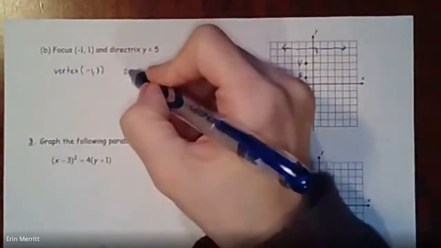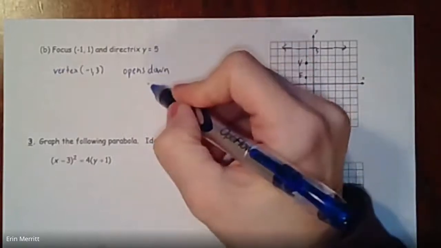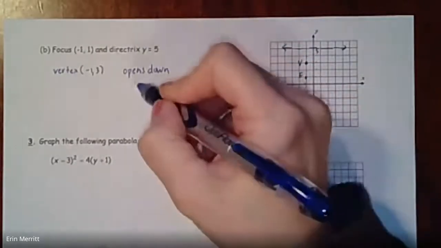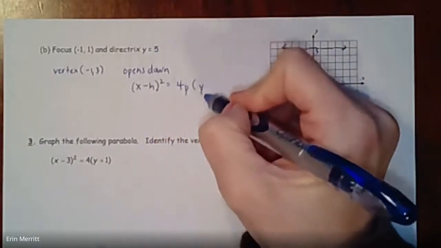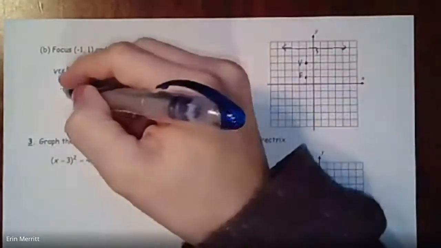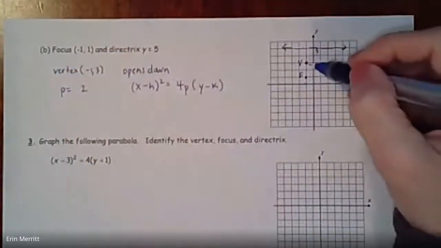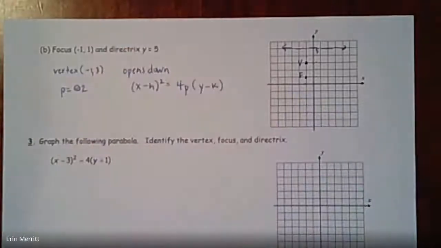So because it opens down, that means it's going to be x being squared equals 4p times y minus k. So it's more like a typical parabola. All right, what else do I need to know? The p-value, that distance right there, p is 2. And because it opens down, p is going to be -2.